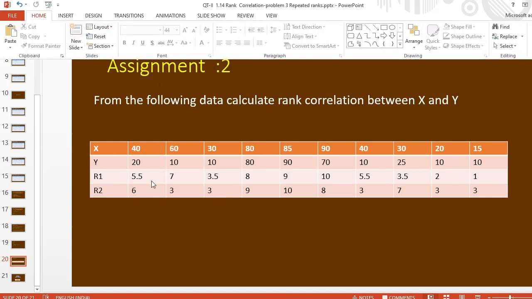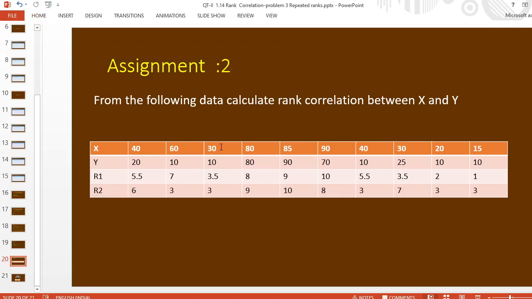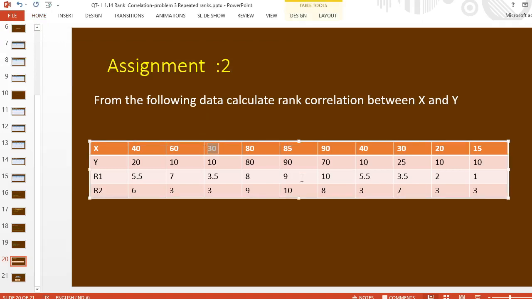Here the first m value is for the first repeated data, which is 3.5. Here we have repeated data 30 and 30, repeated twice, so the first m value is 2. 2 to the power 3 minus 2.